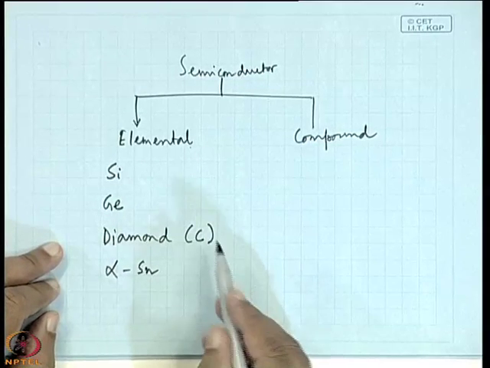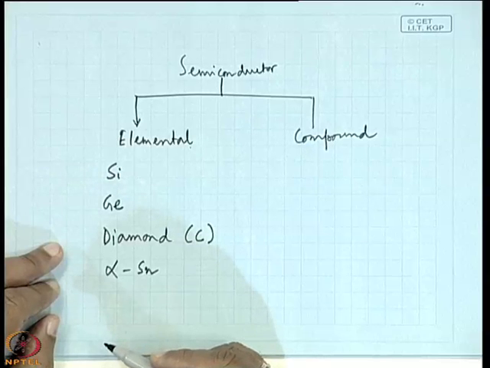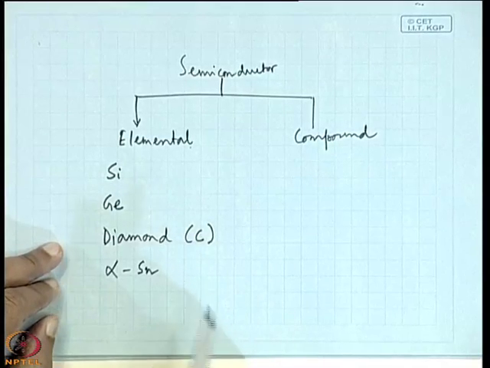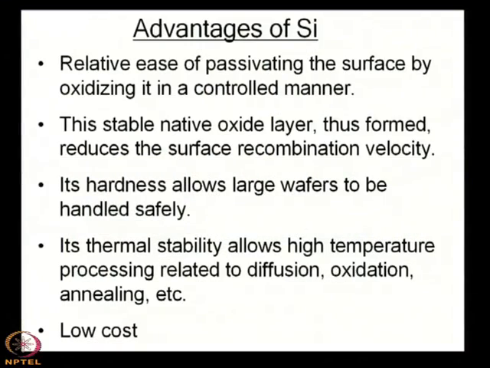Now, among these elemental semiconductor materials, silicon is the most important electronic material because of its application in the integrated circuit. Now, what are the advantages of silicon? Let us first see. There are many advantages.